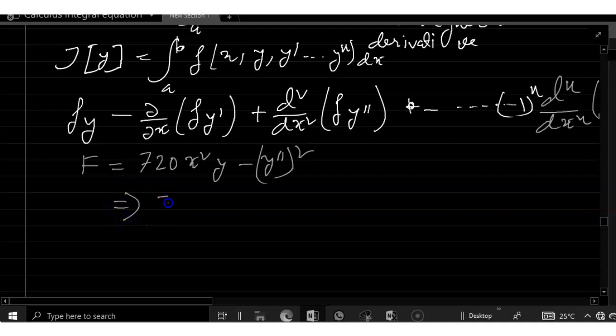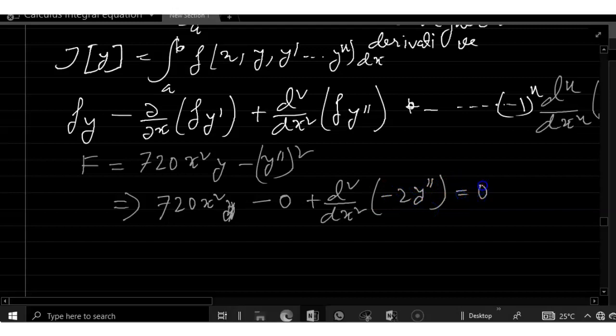So this is 720 x square, minus 0 plus d square divided by dx square of minus 2 y double dash equals 0.